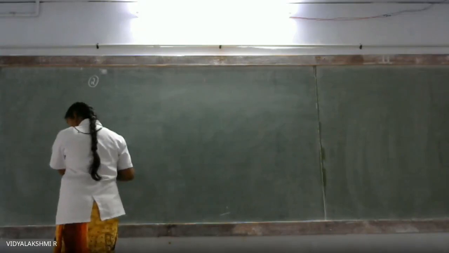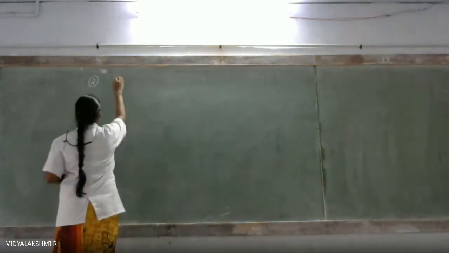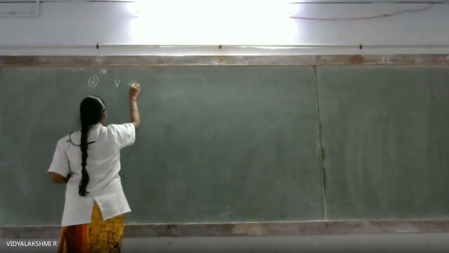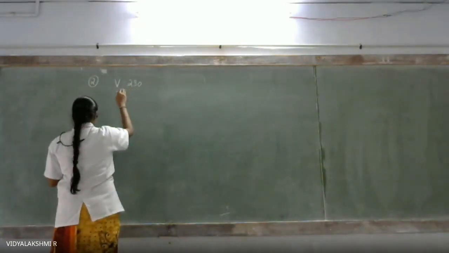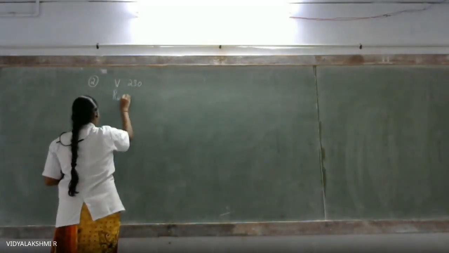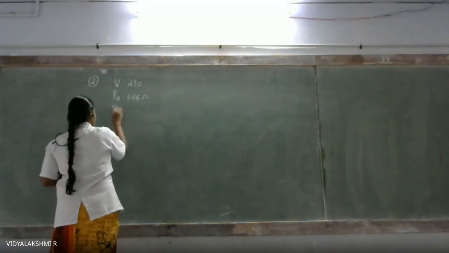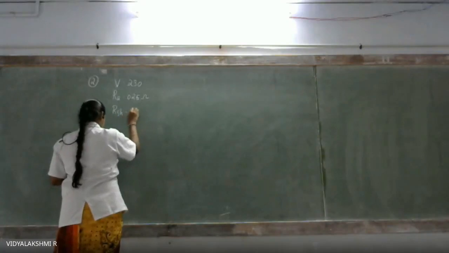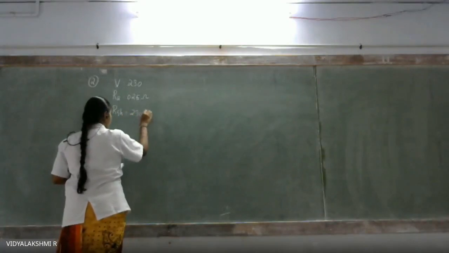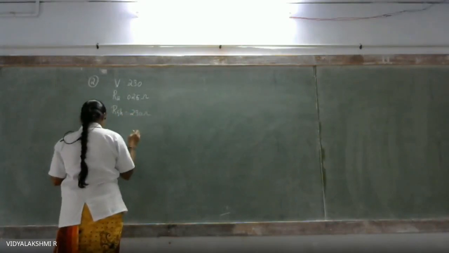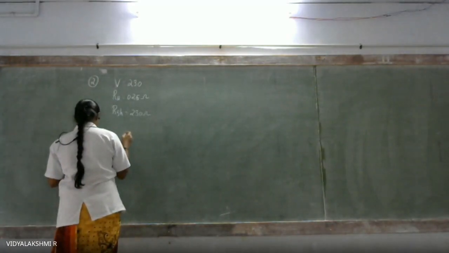So the given data: voltage is equal to 230, and then they have given RA is equal to 0.25 and RSH is equal to 230 ohm. And then what are the given data? Full load current and then no load.